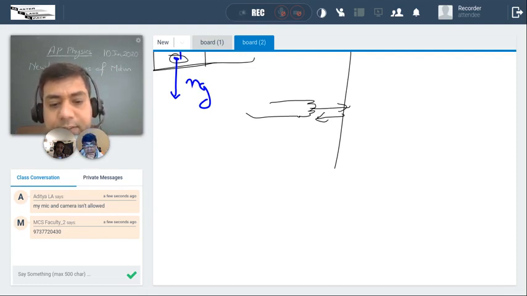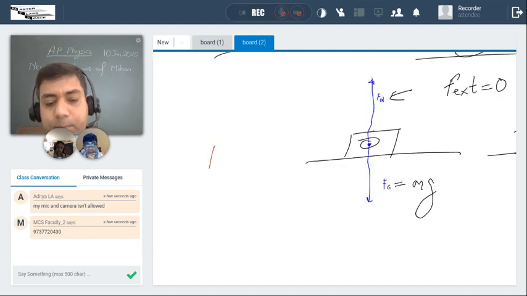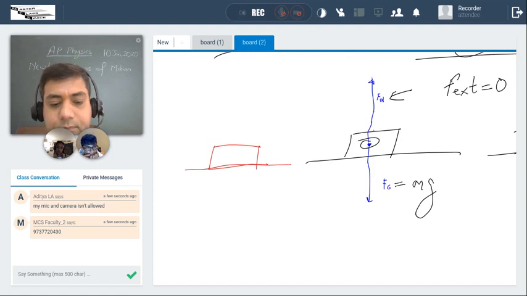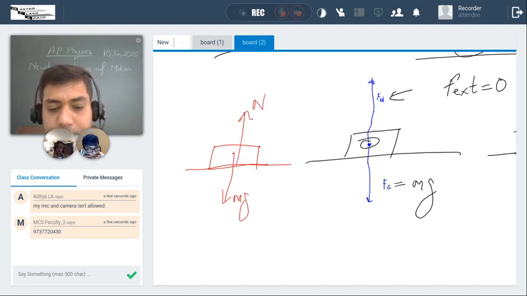FBD is made in such a way that it shows what all forces are acting on the body. Acting on the body, not by the body. mg and normal force will occur from here. Got it? mg from the center of gravity, normal force from the surface.